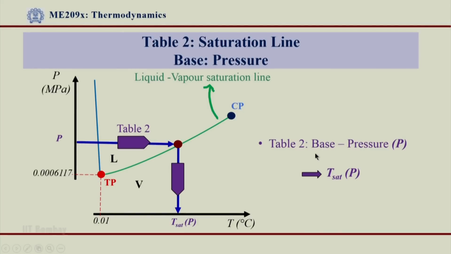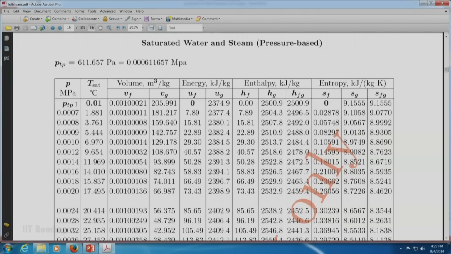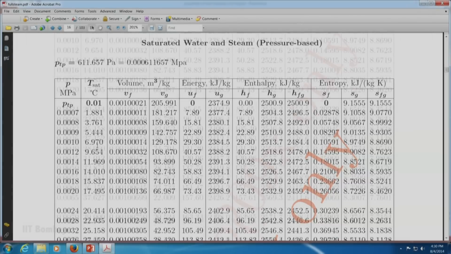Let us now have a look at table 2 in short. So this is table 2, saturation line, base pressure, and the first point is triple point pressure, and the second column what you see here is a Tsat corresponding to this pressure. So Tsat P is what is given in the second column. So the pressure values here will go from triple point pressure up to critical pressure, the triple point pressure being 0.000611 MPa, and corresponding to this P value, the second column gives you Tsat P, alright.